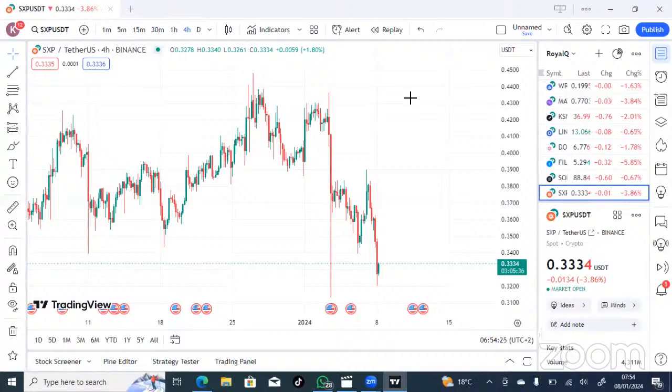All right, and this is TradingView. I know I haven't introduced TradingView to you guys, but after doing this subject, we are going to have the introduction to this application.